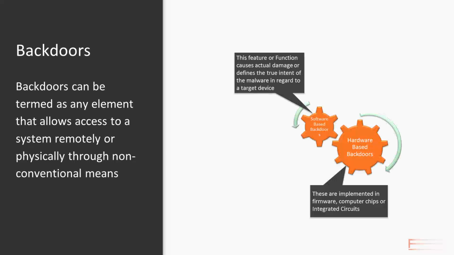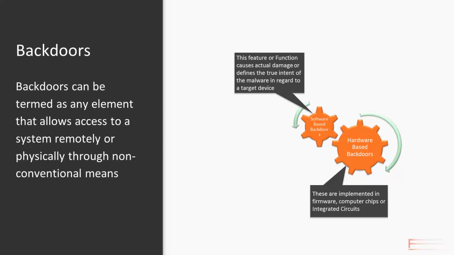The first ones are hardware-based backdoors, which are implemented in most cases using code inside hardware. This may reside in firmware, chips, and the likes. The second instance is the software-based backdoors. These are the most common and are what is seen in most software, especially if it's pirated.